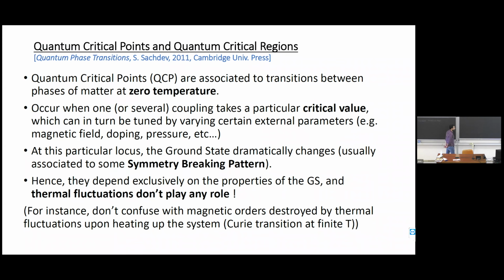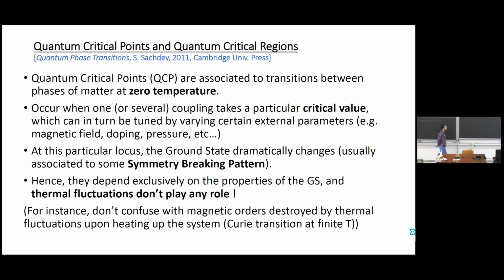But essentially, quantum critical points sit at the phase transitions that occur at zero temperature between different phases of matter. They occur at a particular locus in coupling space, in which the structure of the ground state changes very drastically, usually associated with some symmetry breaking pattern.